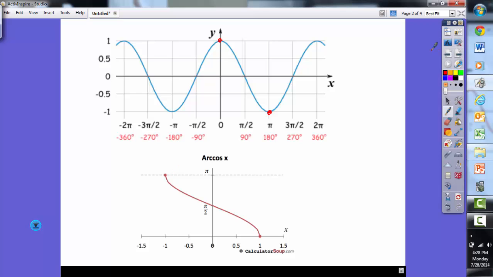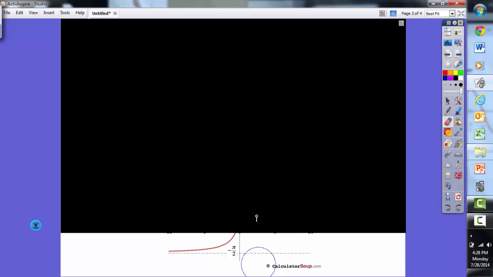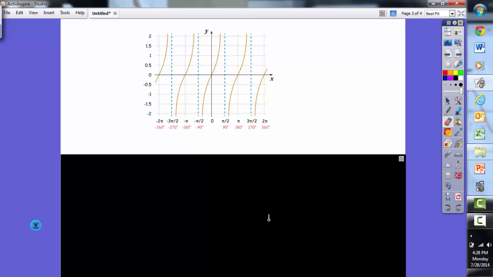And then the tangent function looks like this. Remember, it's undefined at all odd multiples of pi over 2. It passes through 0, 0, and one full section of this is one-to-one.